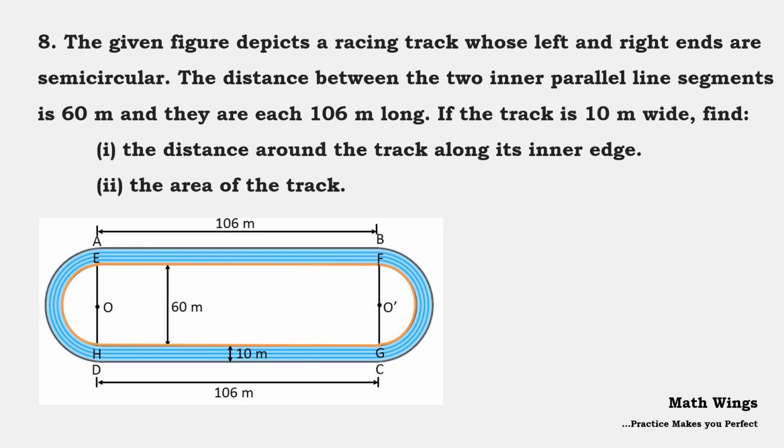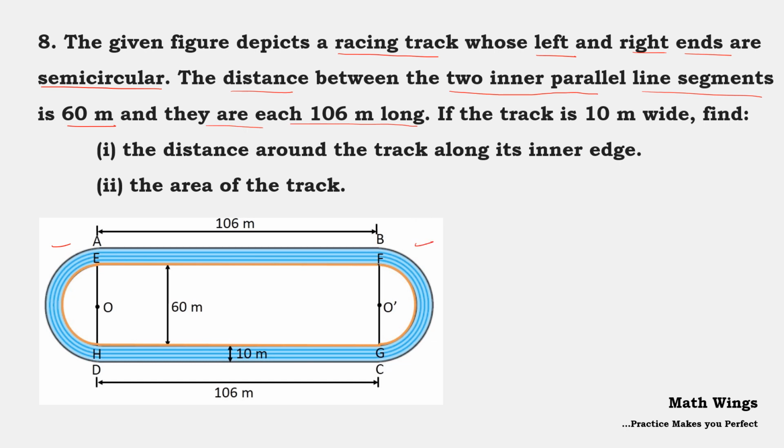Here is the 8th question. A racing track whose left and right ends are semicircular. The distance between the two inner parallel line segments is equal to 60 meter and they are each 100 meter long. Observe here that in the diagram the left and right ends are semicircular.